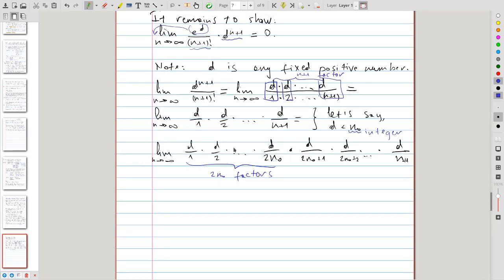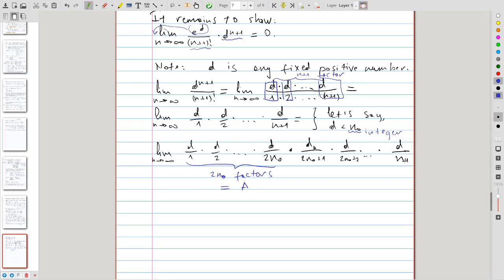Let us multiply these 2n0 factors and say that their product is equal to some number. It is finitely many terms, so their product is also finite. No matter how many finite numbers you take, if you multiply them, you get a finite number, assuming that the number of factors is finite, which it is.